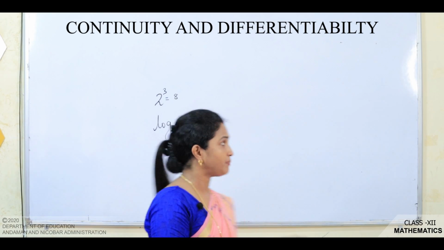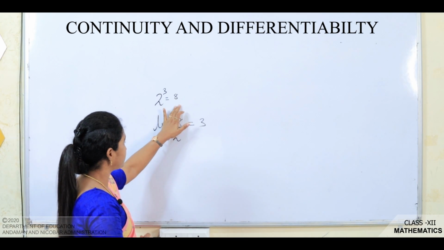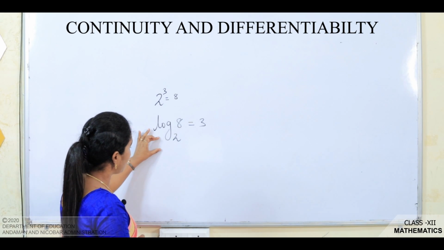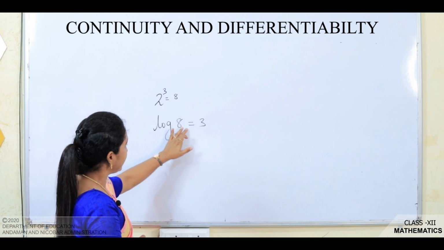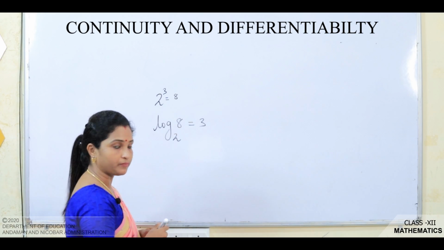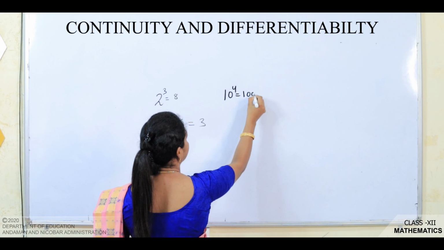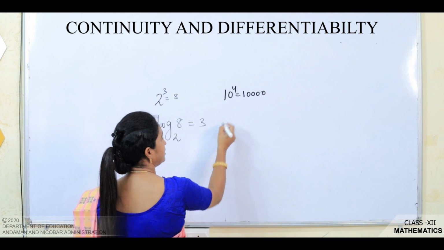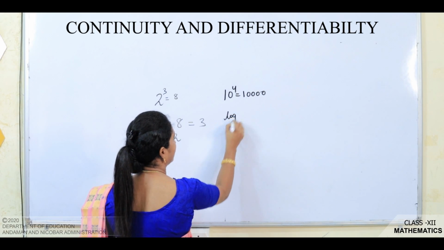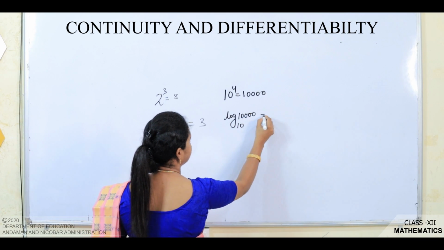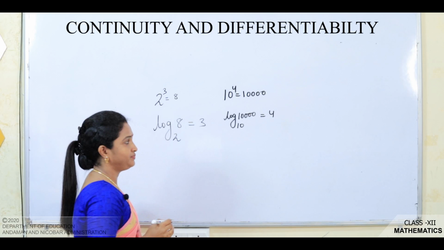This is exponential form, and you can rewrite this in terms of logarithm as log 8 to the base 2 is equal to 3. Now if 10 to the power 4 is equal to 10,000, you can write it as log 10,000 to the base 10 is equal to 4.